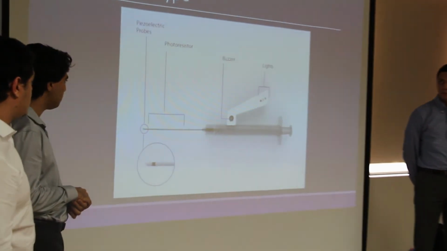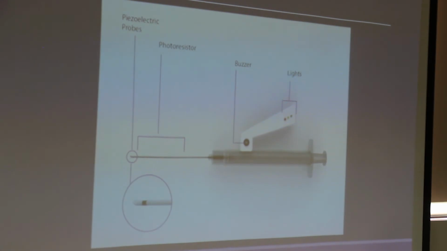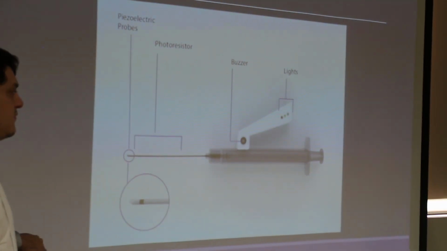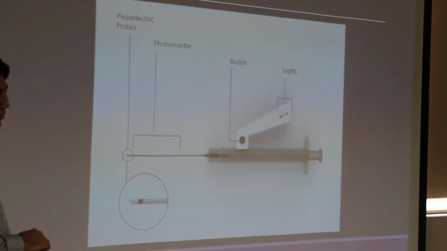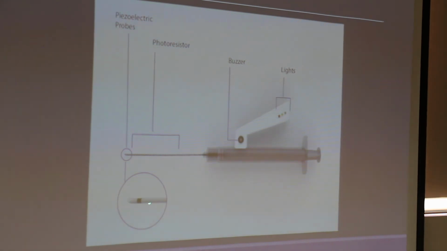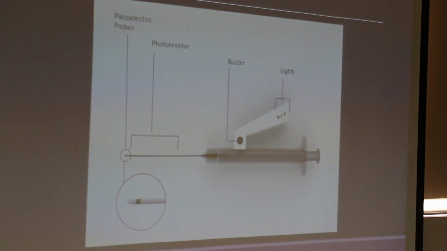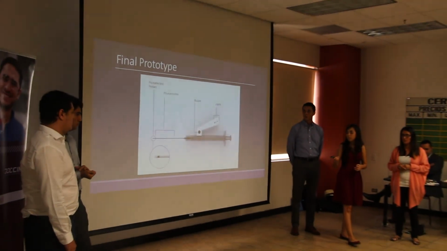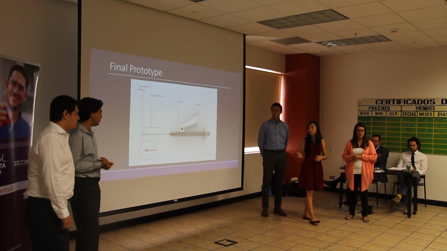This is basically how our prototype will look. It has a needle, and what we want to do is provide some kind of alarm of how deep you are inside the body so you won't actually touch the heart. So the needle has a piezoelectric probe, so it will tell you how close you are to the heart. It also is going to be made of photoresistors right here.